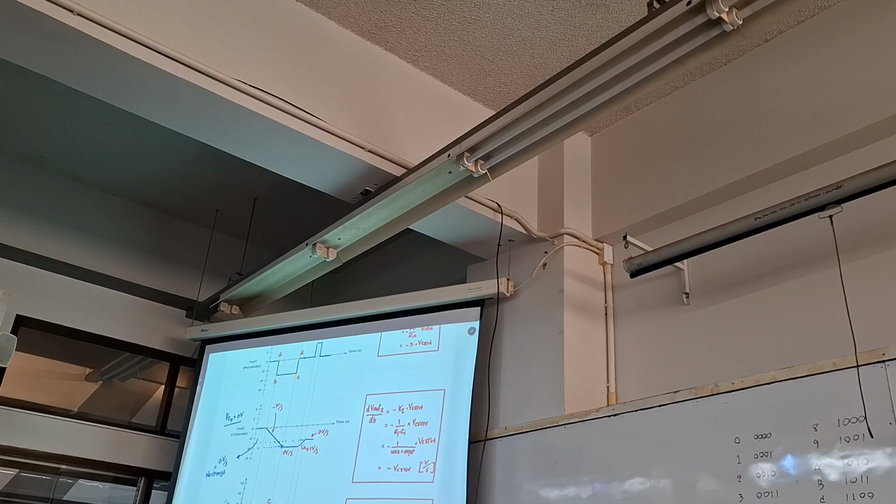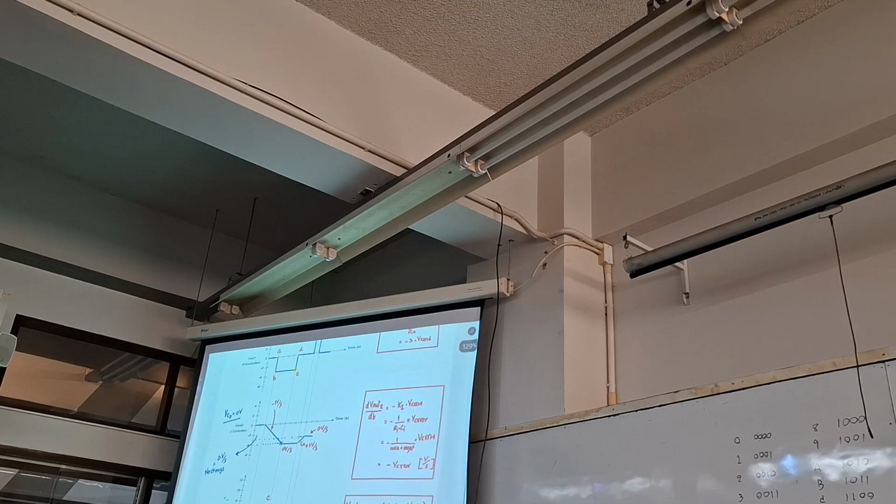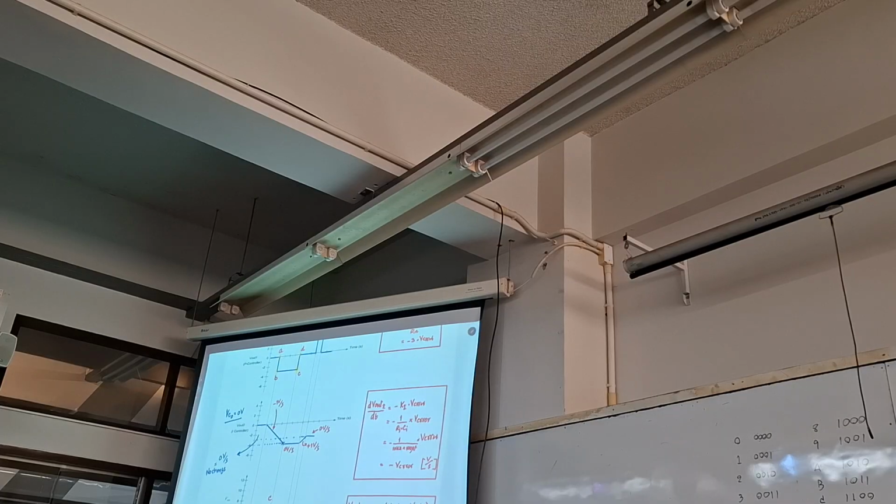The next step I will try to calculate point D. What is D? D is minus V out 1, at point D is 0.